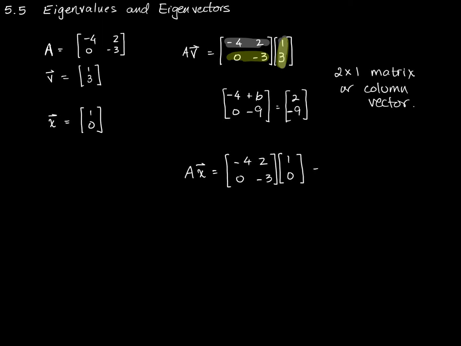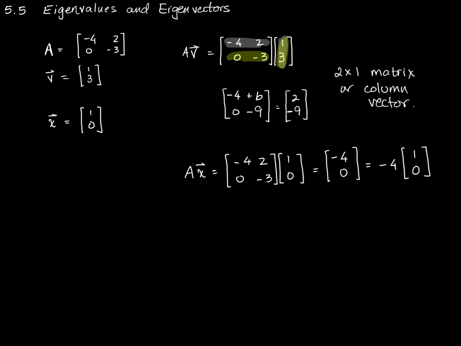That will give me -4 times 1 plus 2 times 0, and 0 plus 0. Now, if I scale this vector back as much as I can, in other words, if I factor out any common factors here, I get something that looks like this.